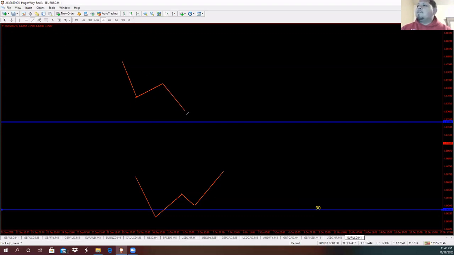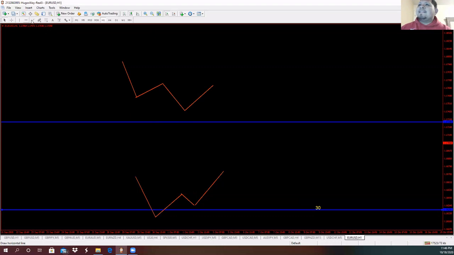So one thing that divergence is, guys, is when price and our indicator do not agree with one another.